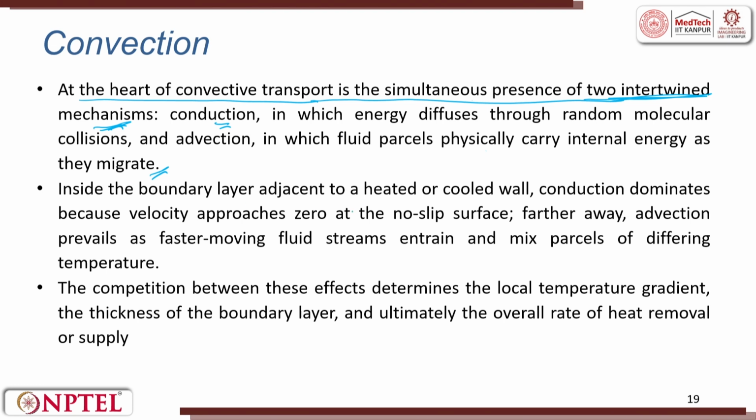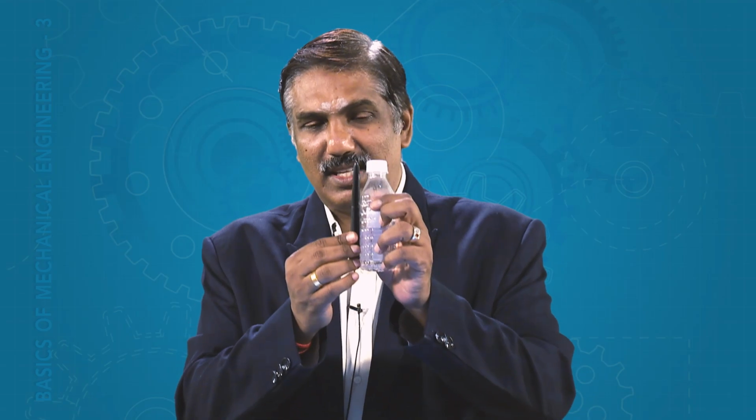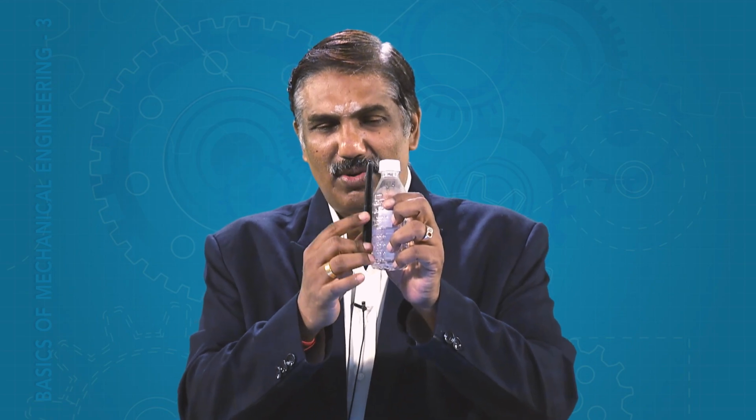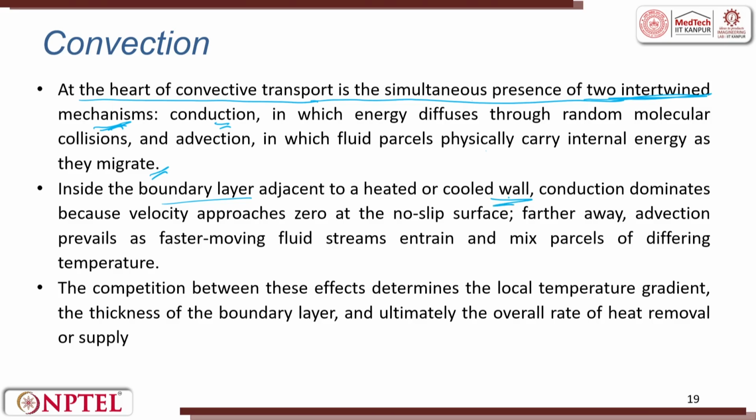Inside the boundary layer adjacent to a heated or a cold wall, so assume that this is the boundary layer, conduction dominates because velocity approaches zero at a no-slip surface.